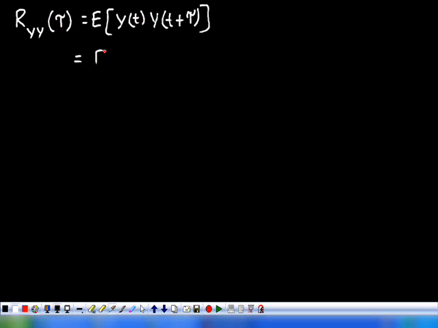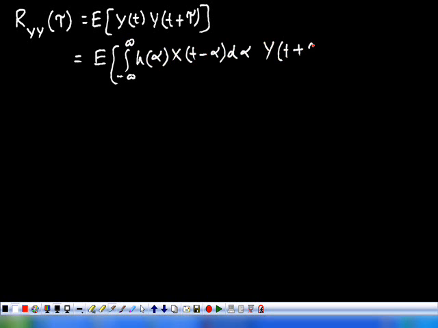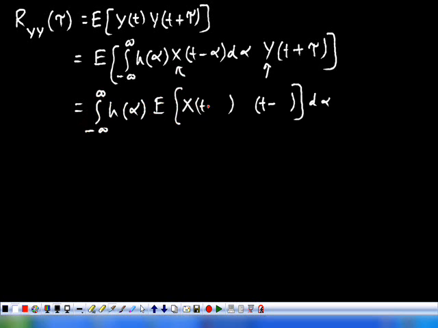This can be written as expectation of the integral from minus infinity to plus infinity of h of alpha x of t minus alpha d alpha times y of t plus tau, and this can be written as the integral from minus infinity to plus infinity of h of alpha times the expectation of x of t minus alpha and y of t plus tau.